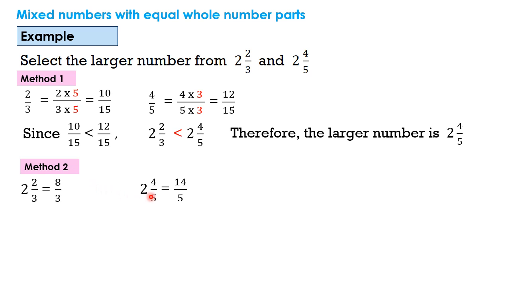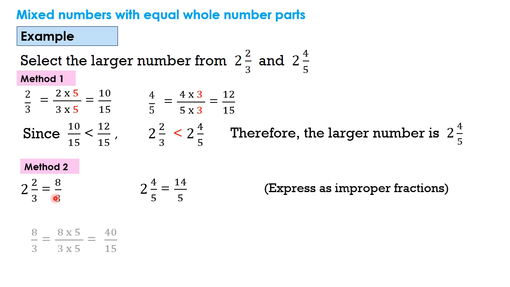After converting the given numbers into improper fractions, 8/3 and 14/5, once again we should equalize the two improper fractions. Here 3, here 5, therefore we go for the LCM 15. Writing 8/3 as an equivalent fraction, 40/15. The LCM of 3 and 5 is 15.